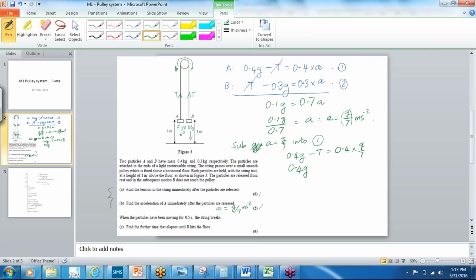Let's take the minus T across to be positive T and bring this over to be minus 0.4 G over 7. If we put them both over 7, we get 2.8 G take away 0.4 G over 7 equals our tension, and that is 2.4 G over 7.